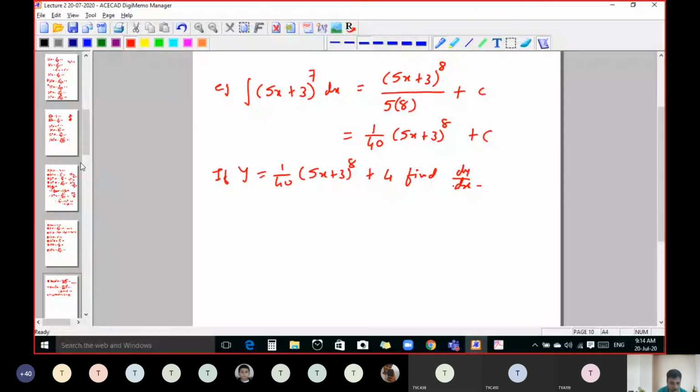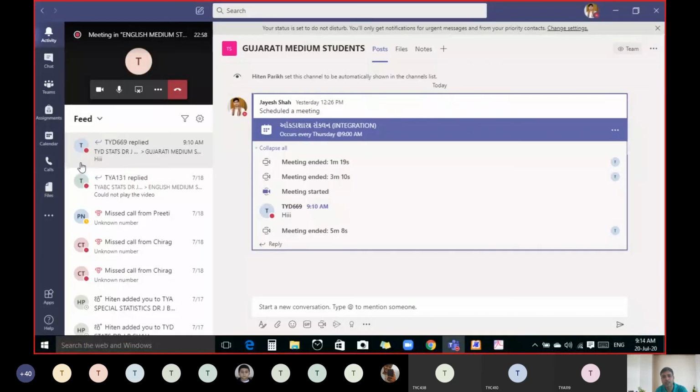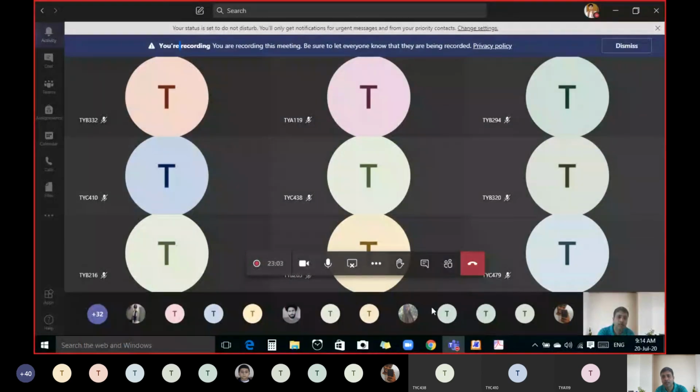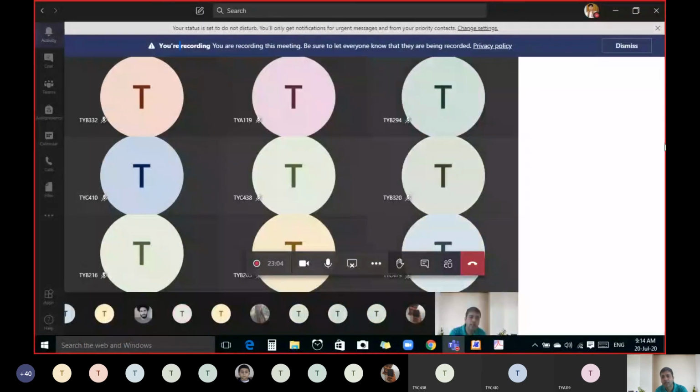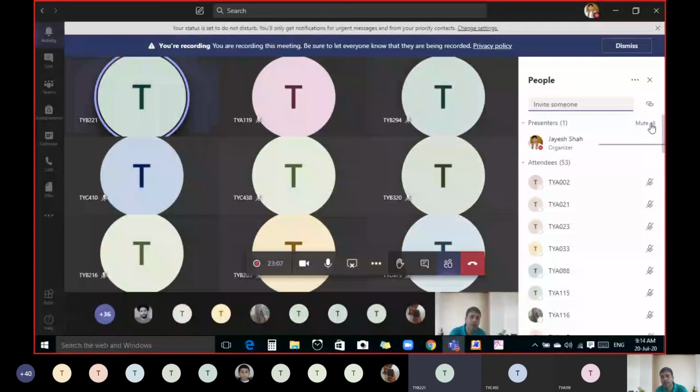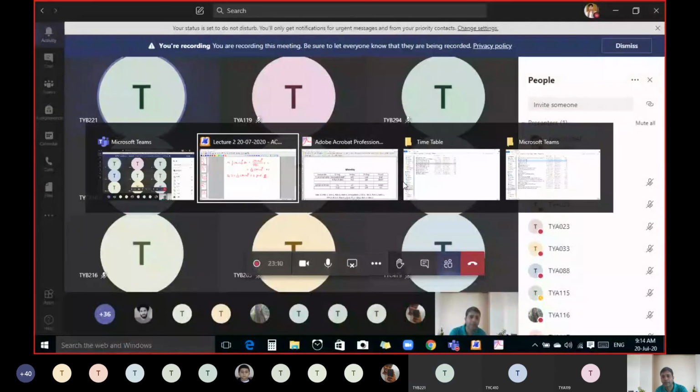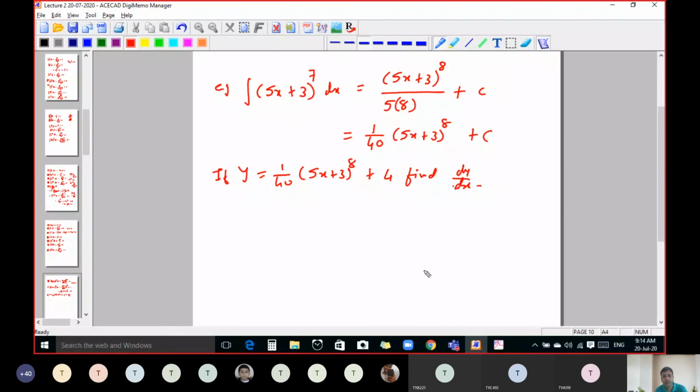So if y equal to 1 upon 40 into 5x plus 3 raised to 8, then how to find dy by dx.